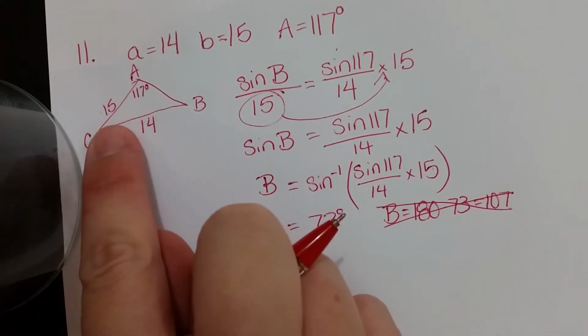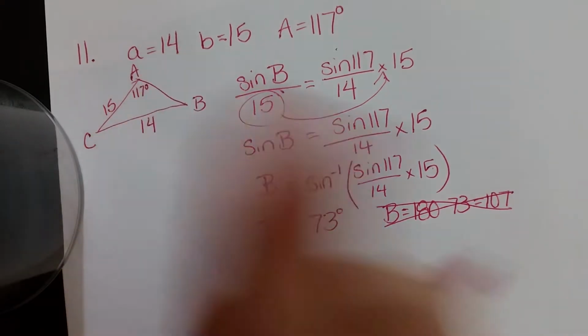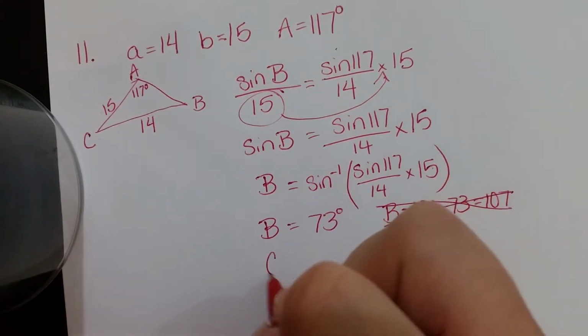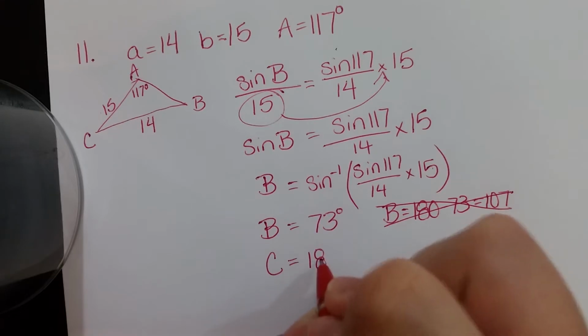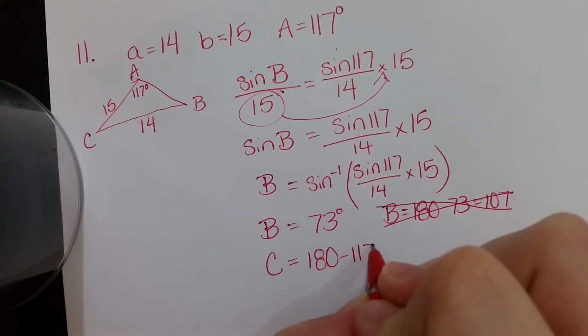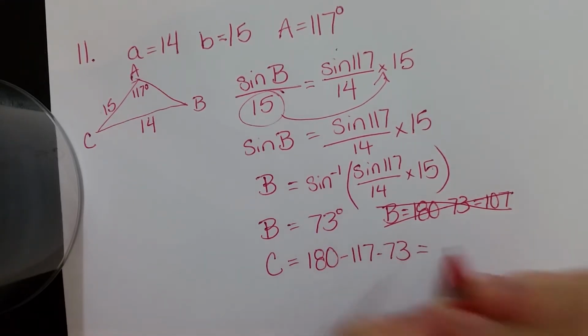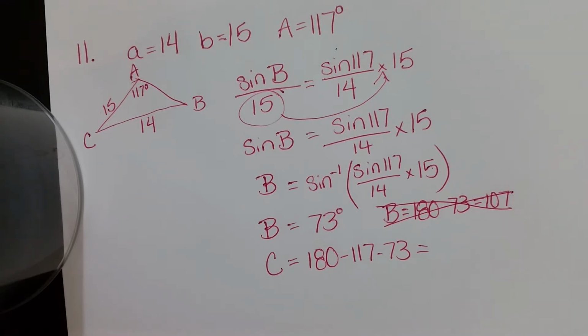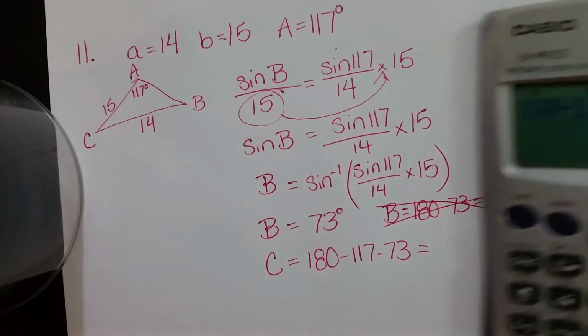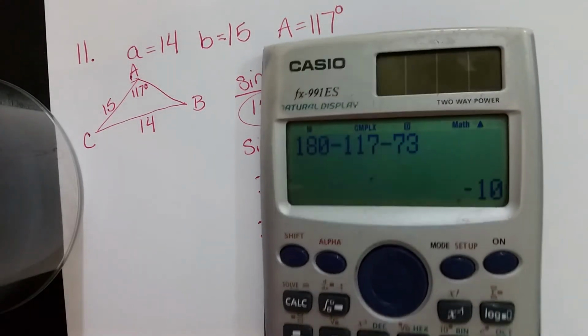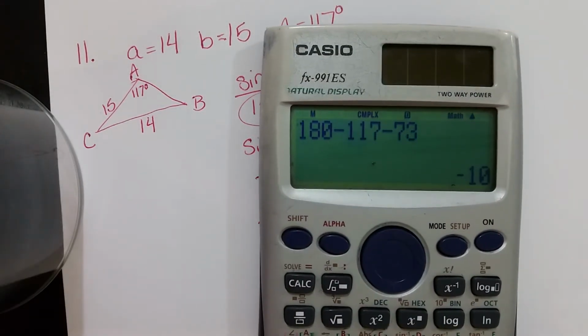We're going to go ahead now and find angle C, and then we'll find side C. So angle C, I'm just going to do my 180 minus 117 minus 73. And something interesting happened.